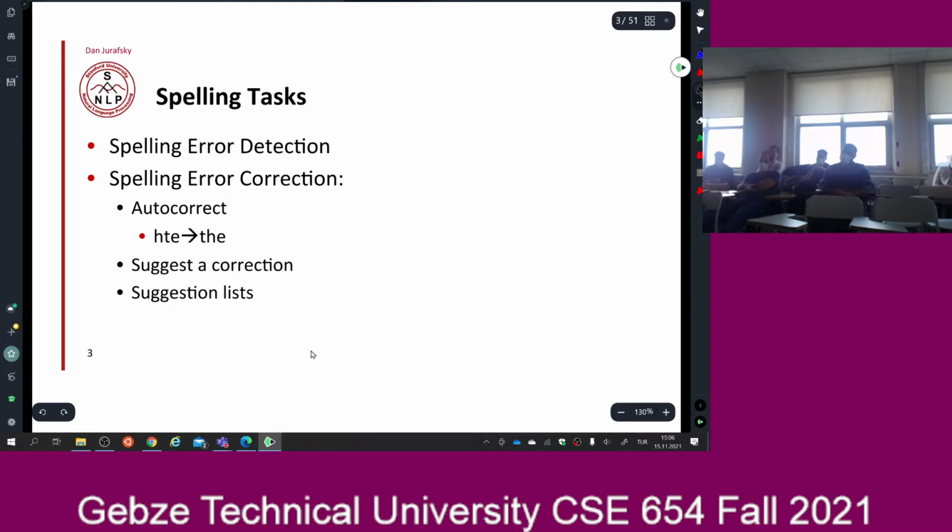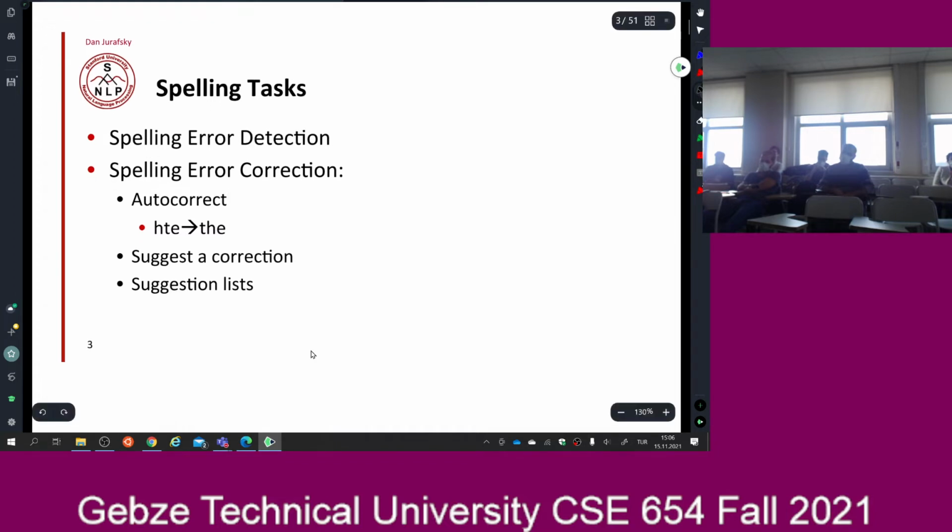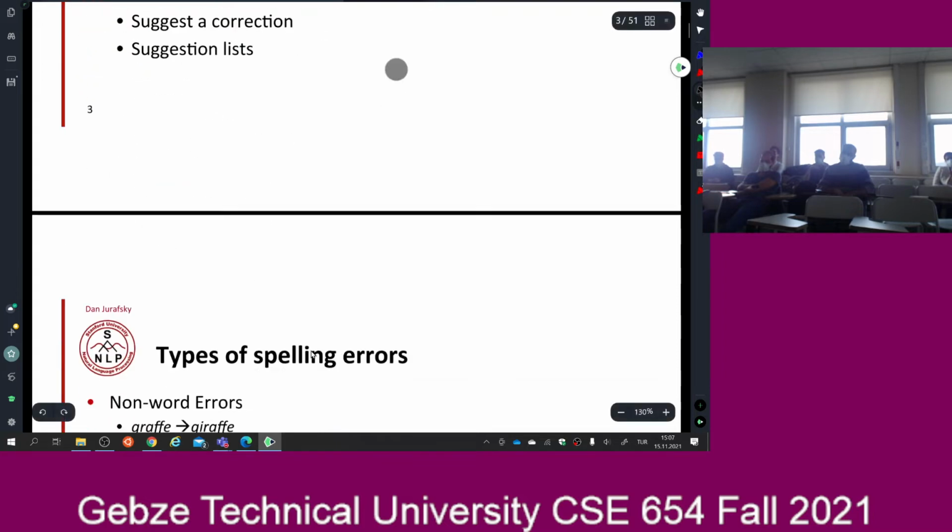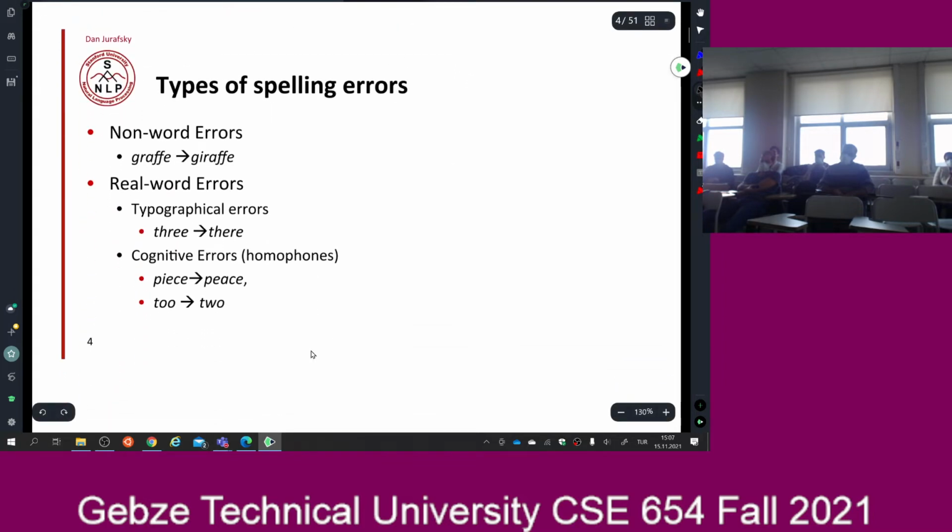Okay, spelling error detection and correction. One is detection, the other one is correction. Okay, for the correction, sometimes it is auto-corrected. People like it, I don't like it. And it suggests a correction or gives a suggestion list, and we are going to look at them one by one.